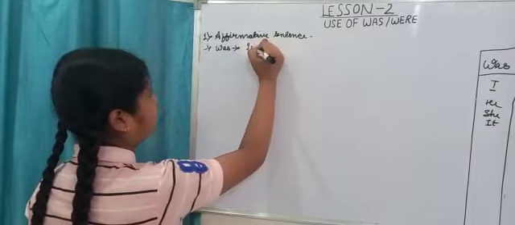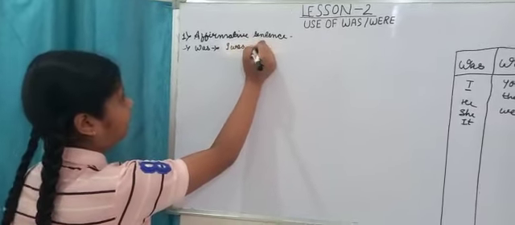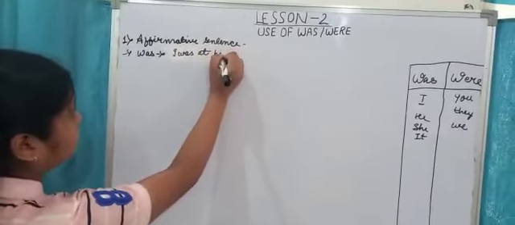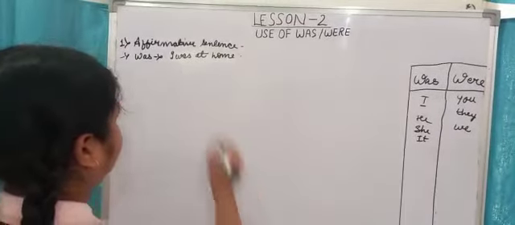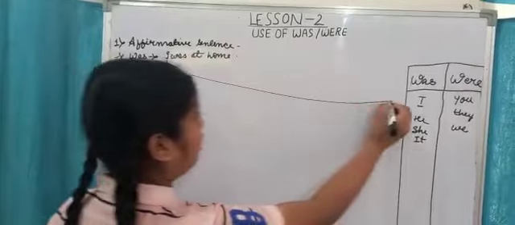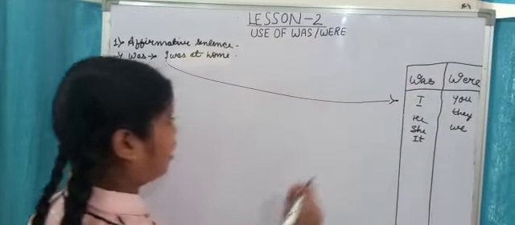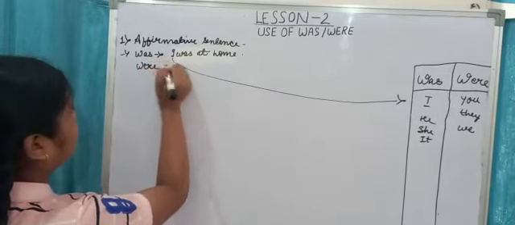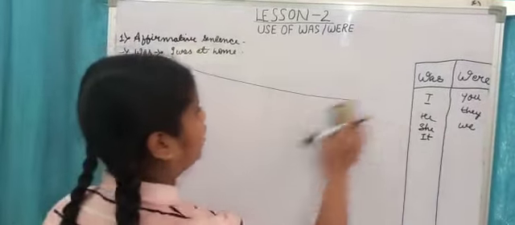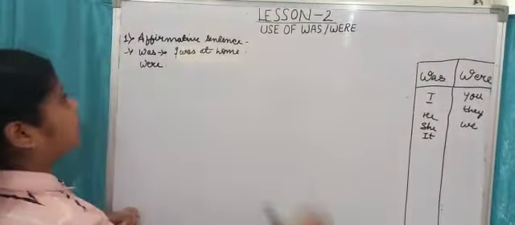I was at home. In this sentence, the singular was is used here. Now we will use with were.